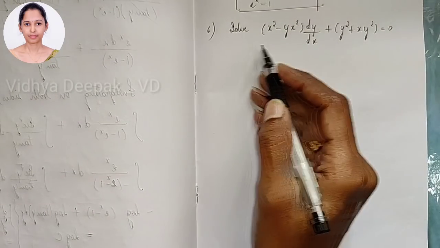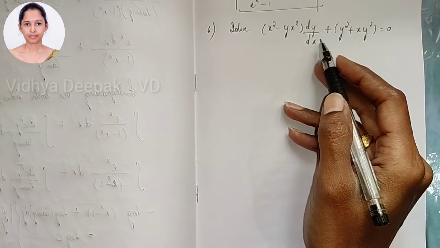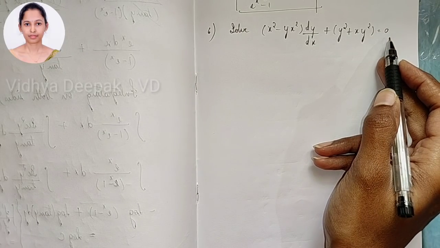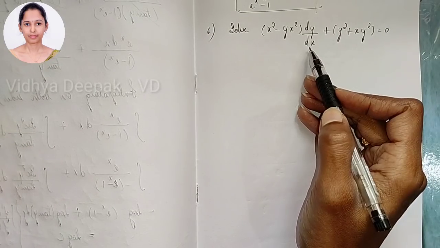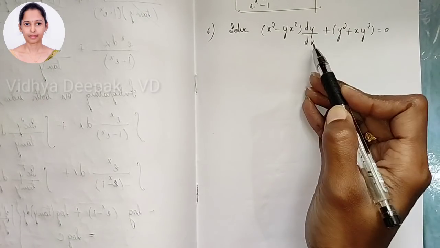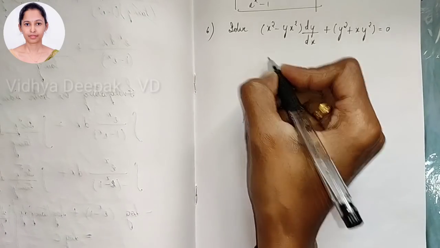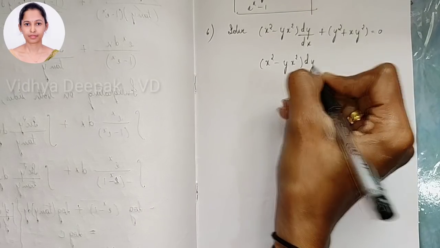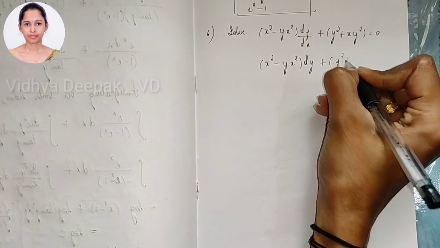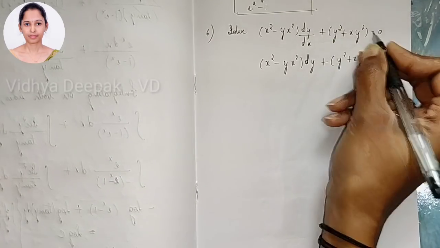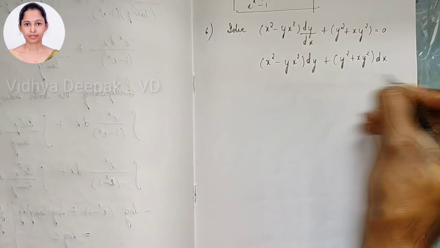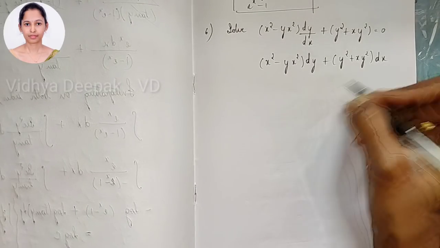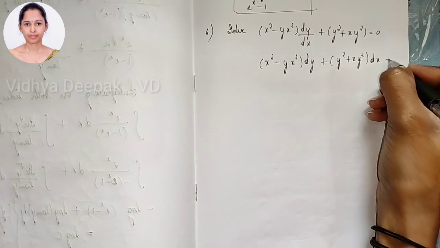Next question: solve x square minus yx square dy by dx plus y square plus xy square is equal to 0. Here I'll first multiply by dx and send this dx to the other side. So you have x square minus yx square into dy plus y square plus xy square, this dx I'm multiplying here, whole divided by dx, so dx can be sent to the other side, is equal to 0, that vanishes.